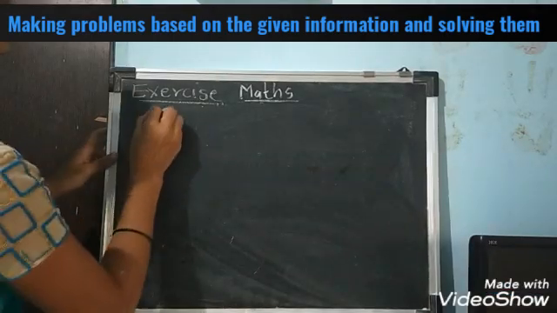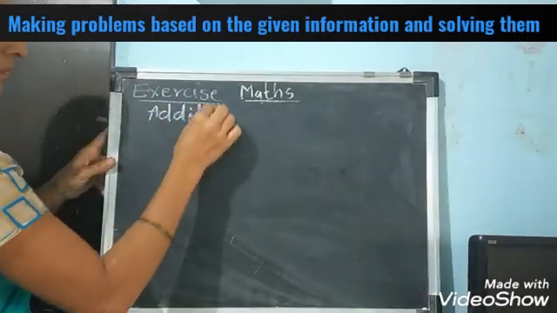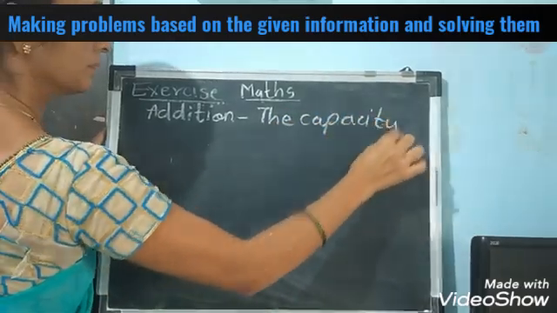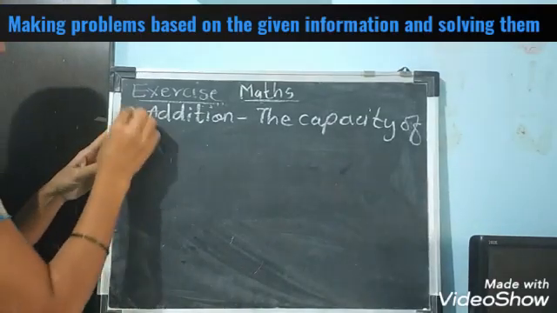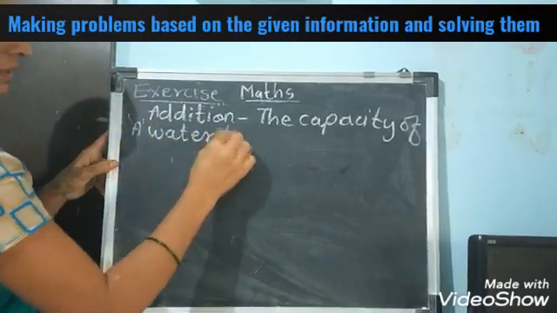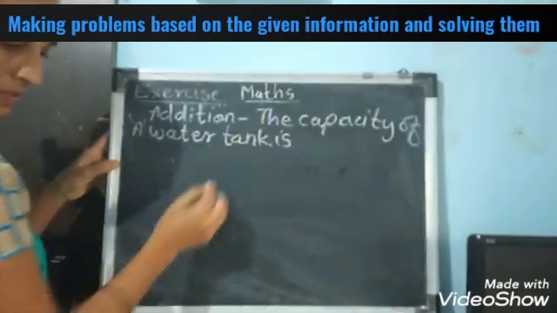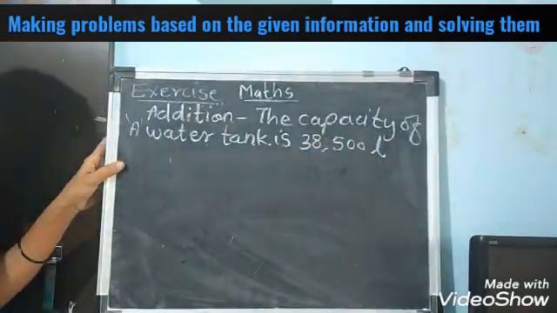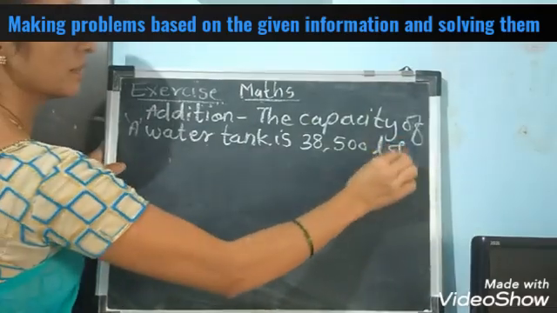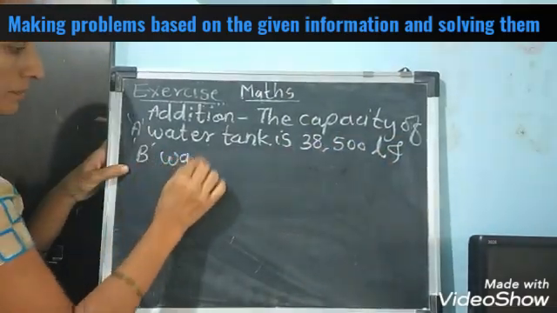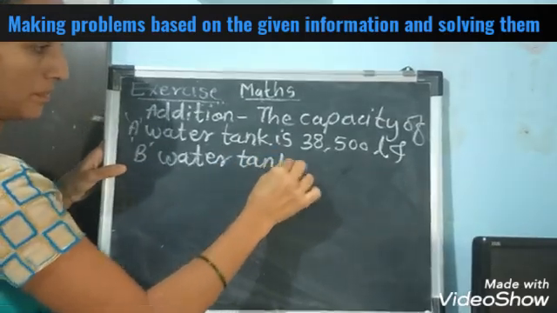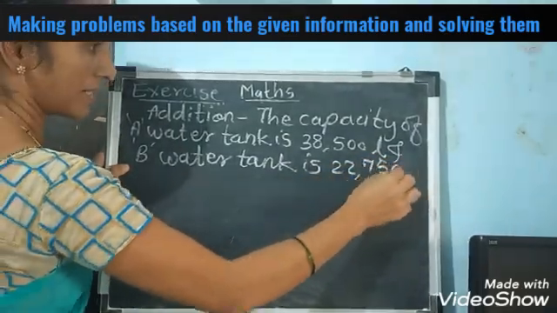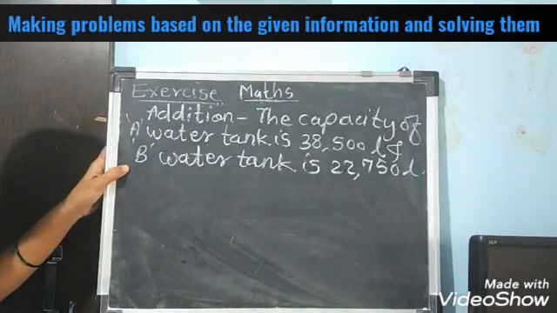See, first we will make the addition example. The capacity of A water tank is 38,500 L, small L shows liter, and B water tank is 22,750 liter. What is the total capacity of both tanks?